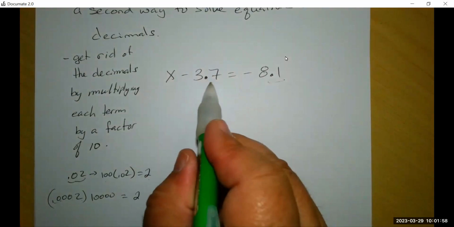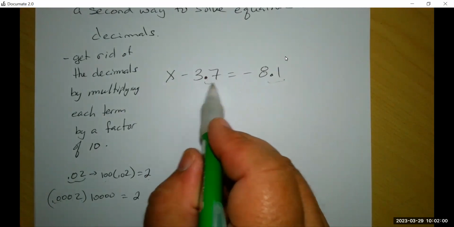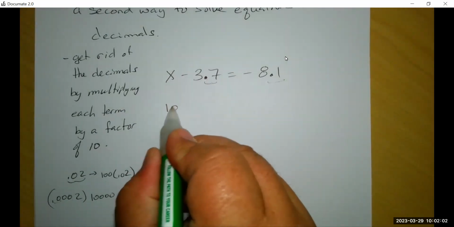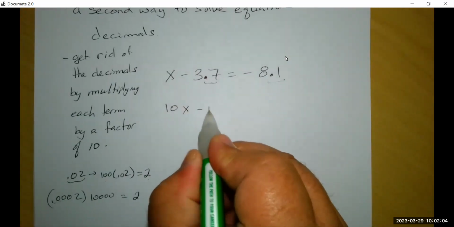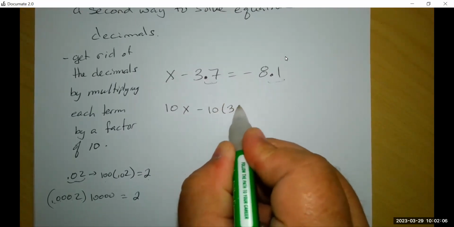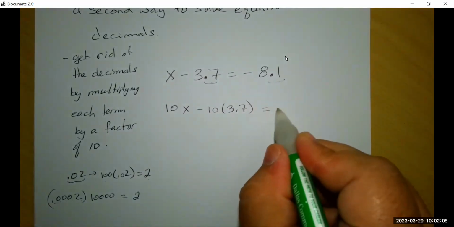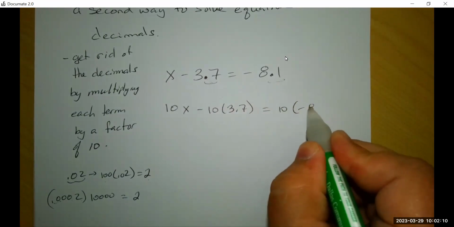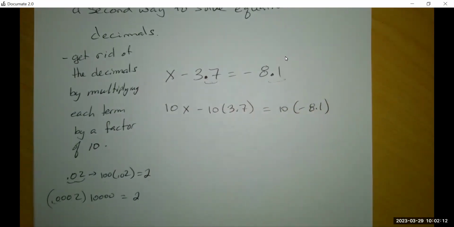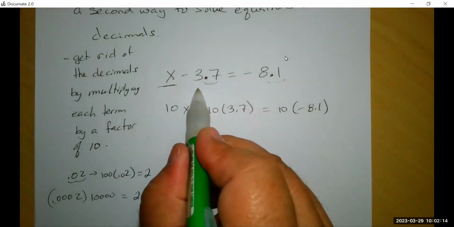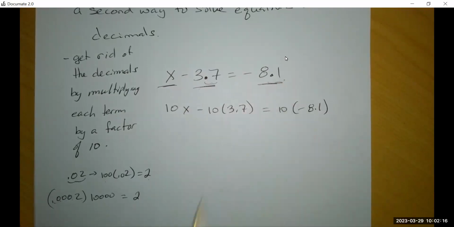So since I only have to move one space, that's 10. So I multiply each term by 10. Here's a term, here's a term, and here's a term. A term, remember, is anything separated by a plus, minus, or equals.